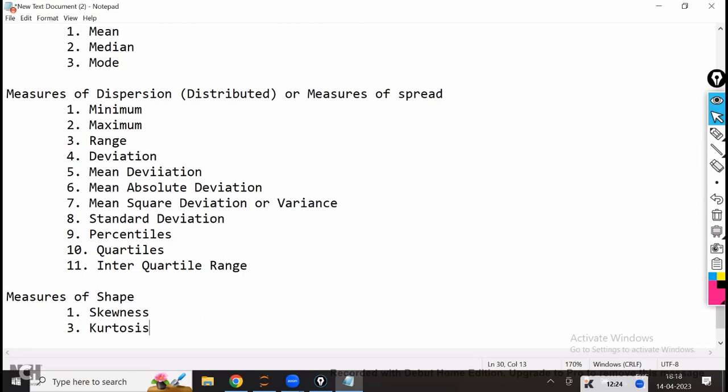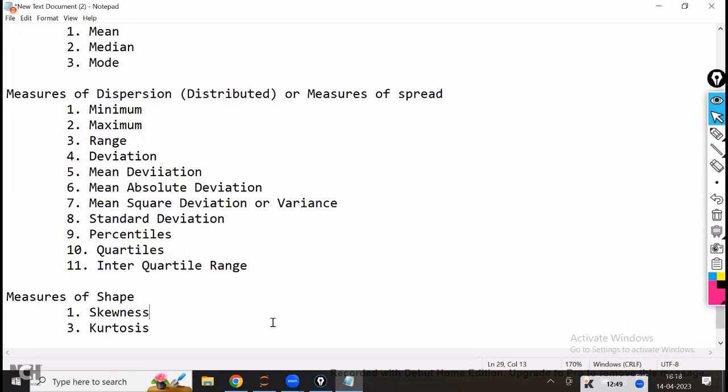Why is that important? You are going to see that importance in inferential statistics, in the probability calculation and the p-value you calculate from the Z table. All this importance you'll see in inferential statistics. So here the measures of shape are skewness and kurtosis.